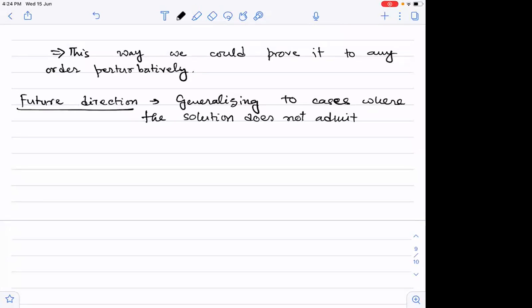That is a different form of proof altogether. This one will not do that. So this is one of the general future directions suggested. Okay, I'm done. Thank you.